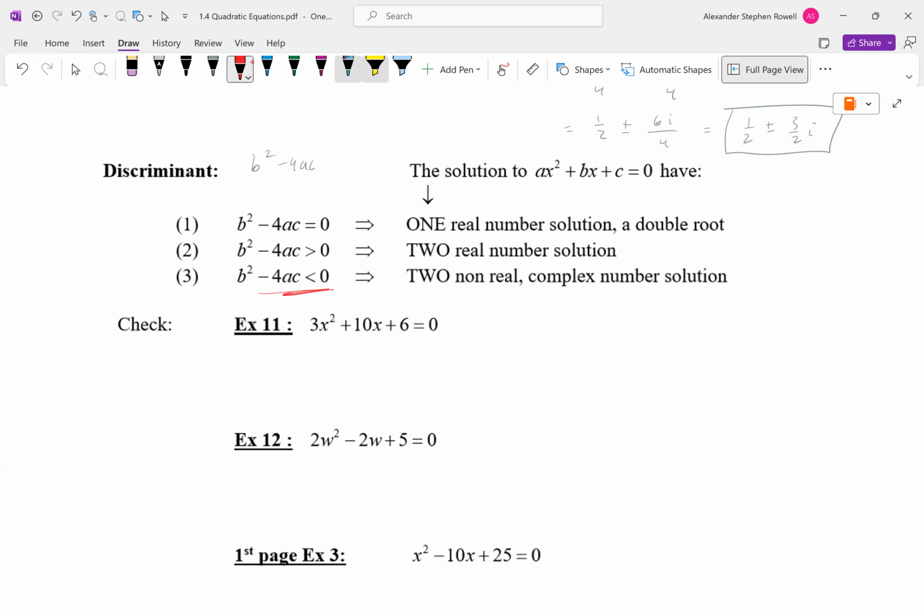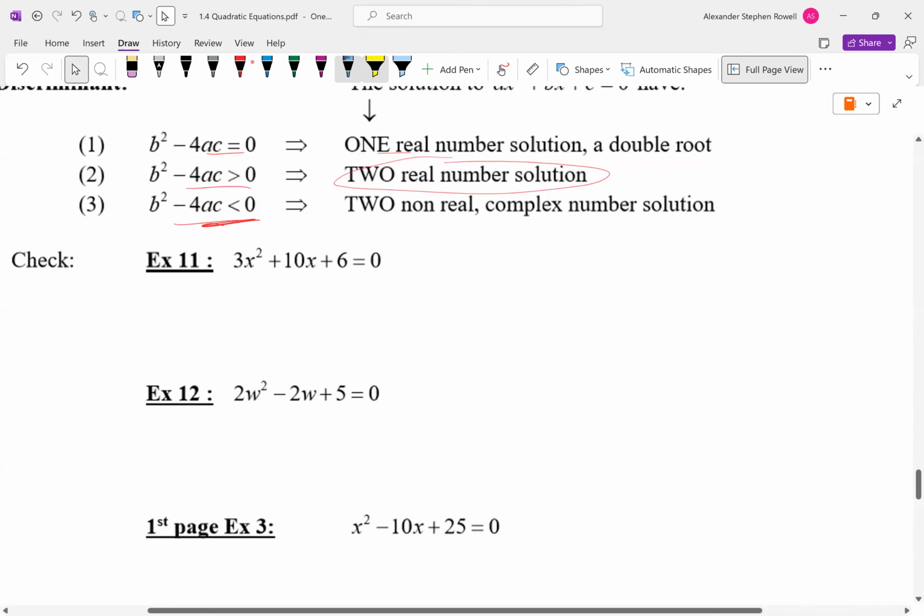So if this thing is less than 0, we get complex numbers. What if it's positive? We get real numbers. Square root of a positive is positive. And what if it's 0? Plus or minus 0 means we only get one solution. The plus or minus disappears, right?